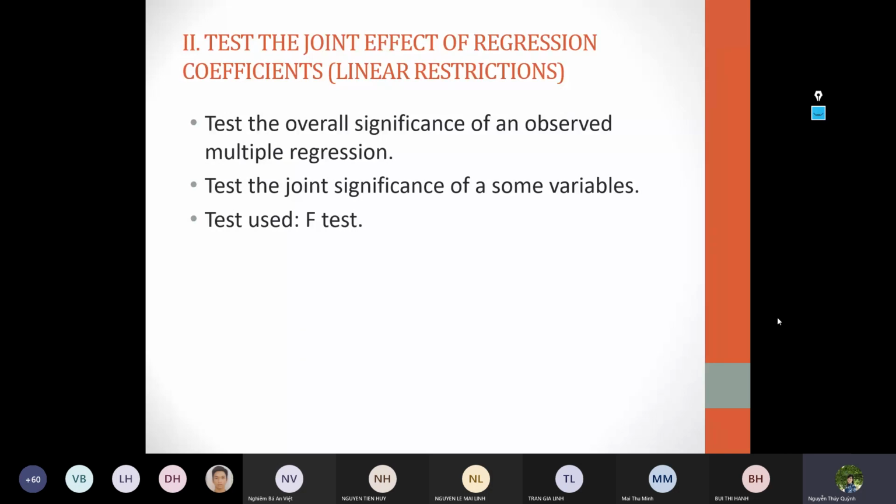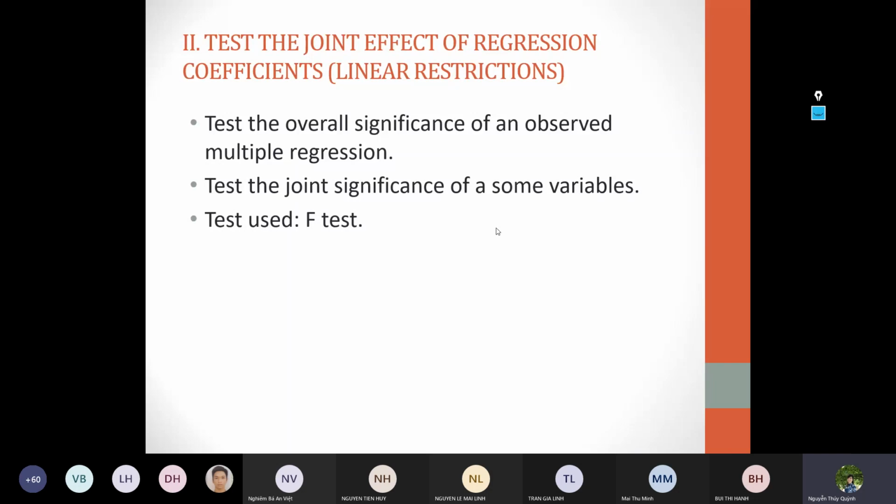This test will deal with a number of regression coefficients in the null hypothesis, not only one regression coefficient, but many regression coefficients, and we will not have one restriction anymore, but multiple restrictions in the null hypothesis.